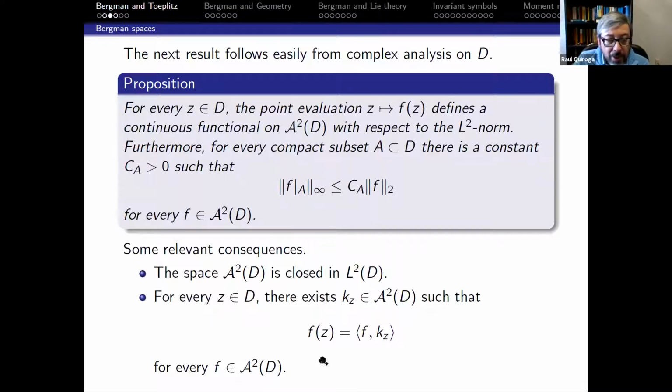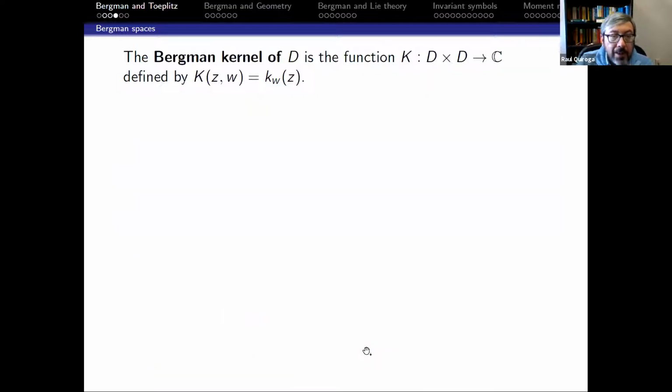Because of this situation, evaluation at a point can be given by inner product with respect to some function in the same Bergman space. This function depends, of course, on z. And out of that, you get your Bergman kernel, which is a function on D times D given by this expression.